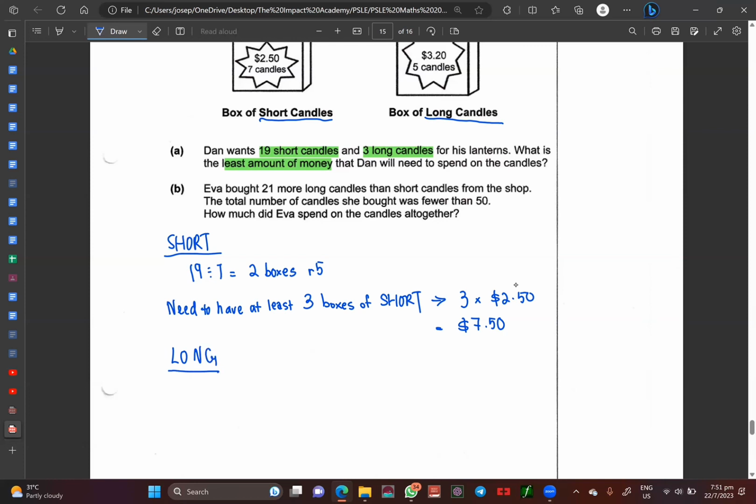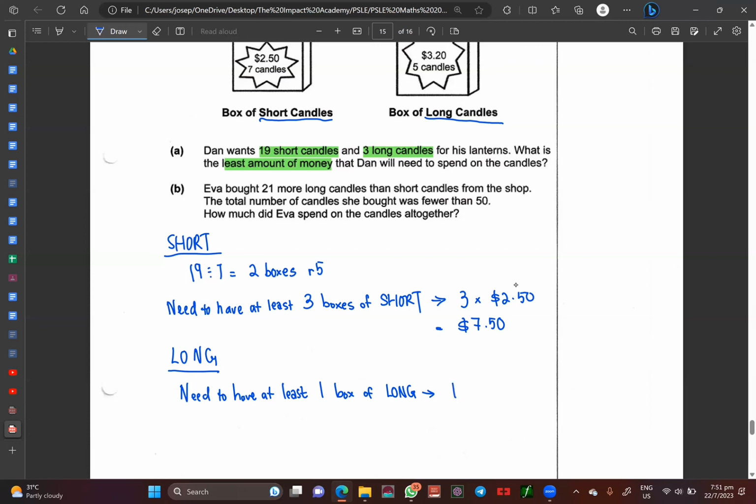She said, I want 3 long candles. So no choice. What does she have to do? She will have to buy at least, because you have 3, but they sell in packets of 5. So you can write down need to have at least 1 box of long.